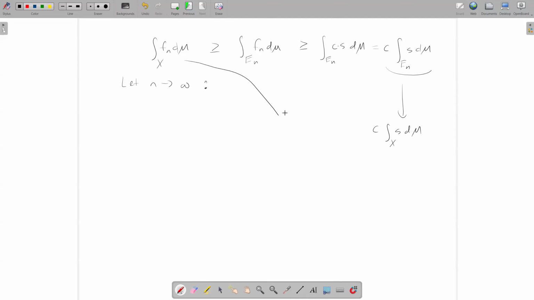And then this converges to alpha. So now we know that alpha is greater than or equal to c times the integral of this arbitrary simple function.